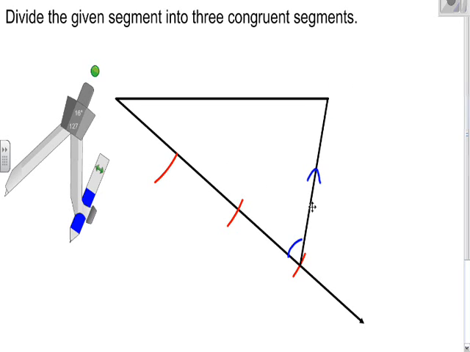So we need a parallel to this line over here that goes through this point. So that's just like our first construction we did.